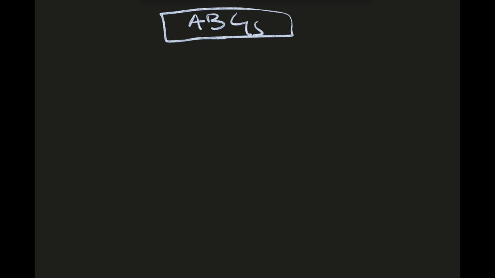And this brings me to the last portion of this ABG lecture video: the algorithm of determining the abnormality in ABGs. So whenever the ABGs come in front of you, first of all, look at the pH and determine whether it is acidic or basic.